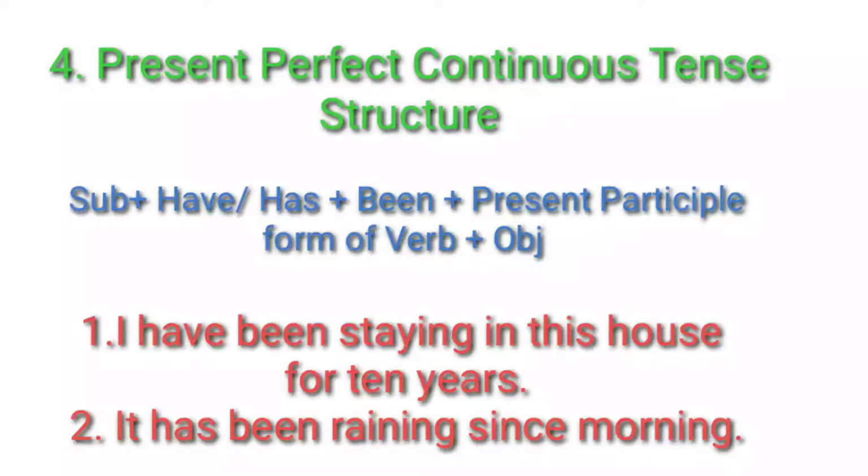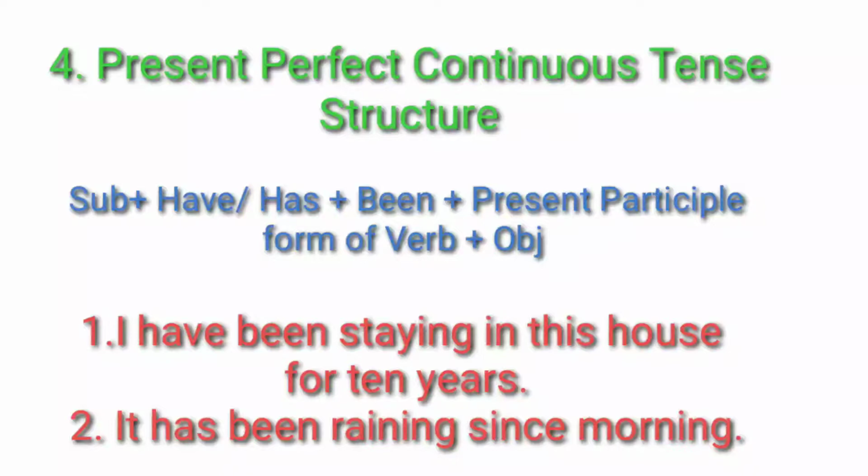In such cases, we have to use present perfect continuous tense. And what is the keyword which enables you? Here the keyword is "for," because it is a period of time. Whenever we are talking about a period of time, we have to use the word "for," and it should be in present perfect continuous tense. When you come to the second sentence, "It has been raining since morning."